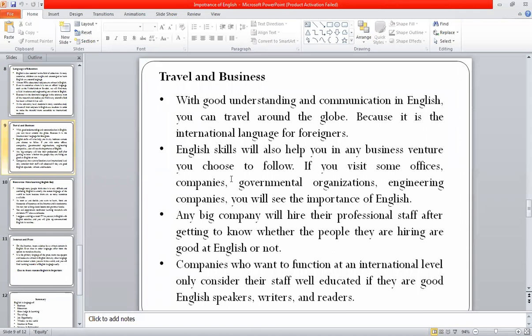So different types of MNCs will only hire you when you are able to speak with the help of this language. So this is about travel and business.